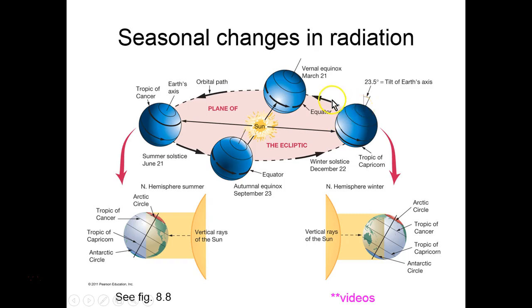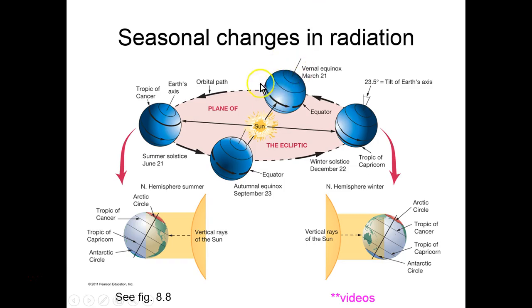As the year progresses and we get into the vernal equinox, or March 21st, the Earth is back in a position so that the Sun is hitting it directly at the equator again. So what that means is that our day is equal to our night on March 21st.